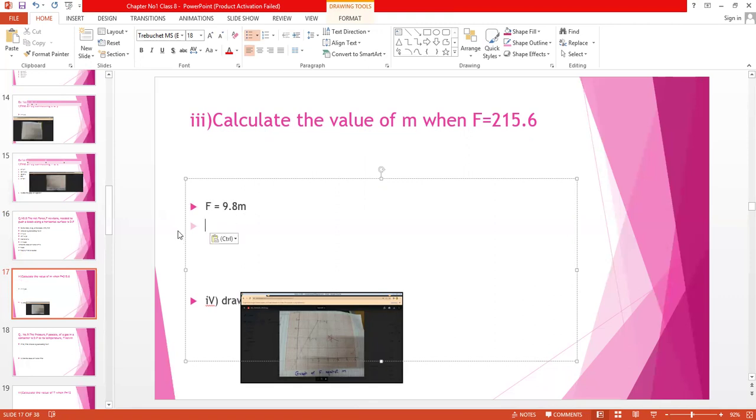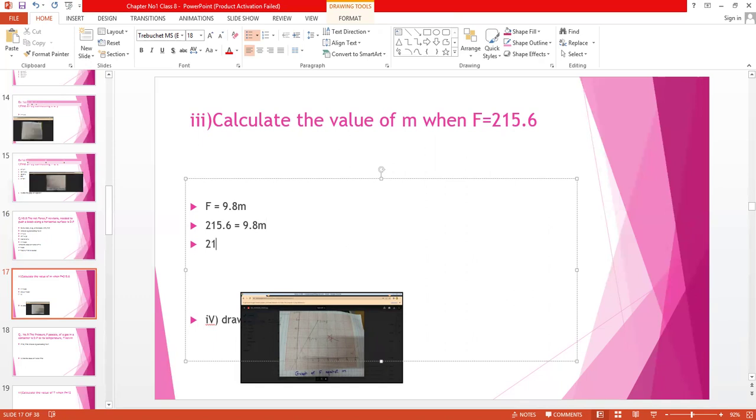Now, the F value is given, that is 215.6, and it is equal to 9.8 M. Here 9.8 is multiplying, so when we move it to the left side, it is dividing.